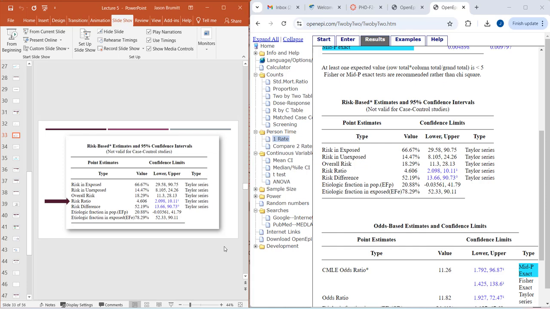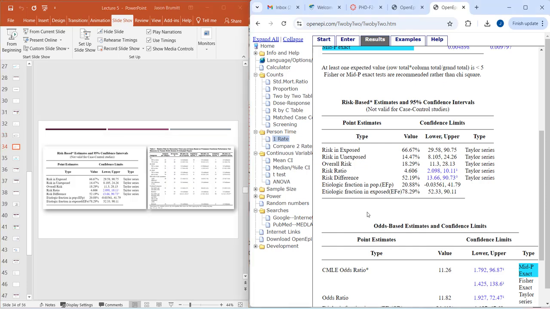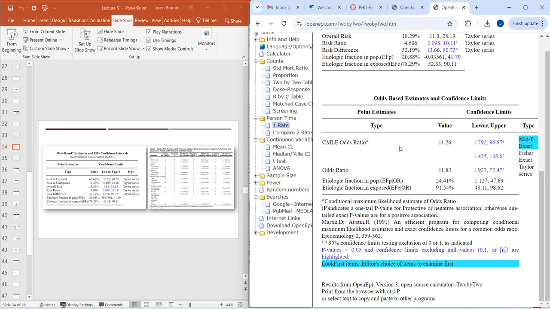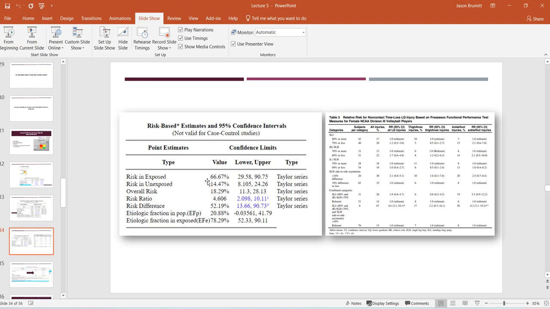Now, when doing a 2 by 2 table, OpenEpi gives you the odds ratio. Let me blow this up for just a second. Right, there's our 4.6, and if we go over and look at my data over here from the volleyball study, 4.6, I'm reporting 2.1 to 10.1 for my 95% confidence interval.